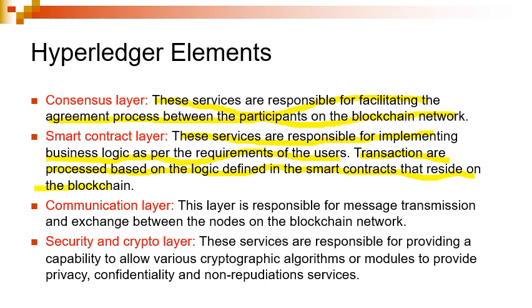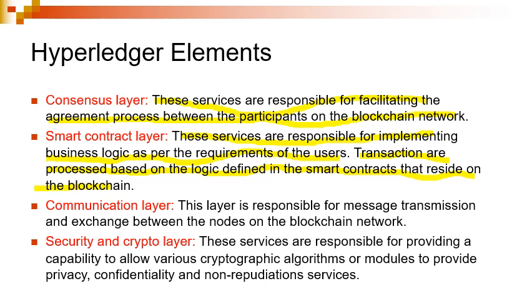So the transactions are processed as per the conditions defined in the business logic. Whatever the conditions are, those conditions are enforced, and if those conditions are met, then that transaction is allowed to process.